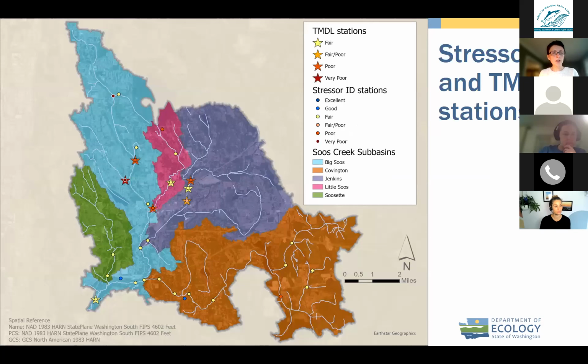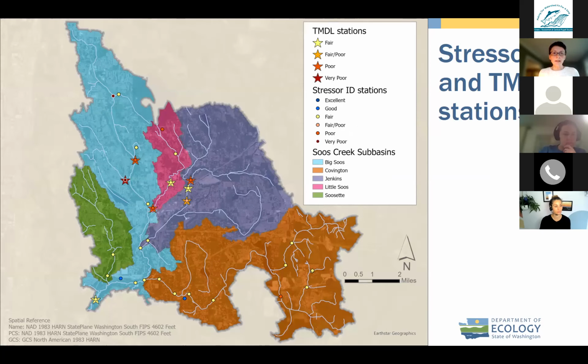To answer these questions, like I said, we performed this, and when I say we, I mean Ecology and the EPA actually performed this stressor ID analysis that looked at initial sites that formed the basis for the TMDL, but also other sites for which we had data later.